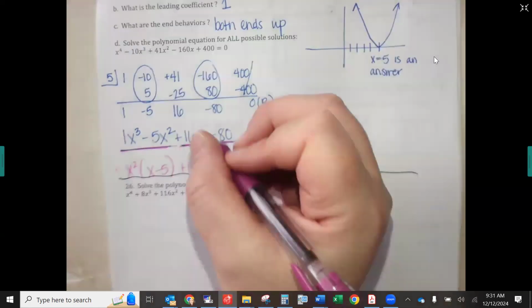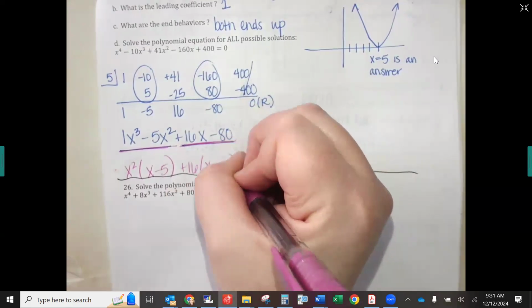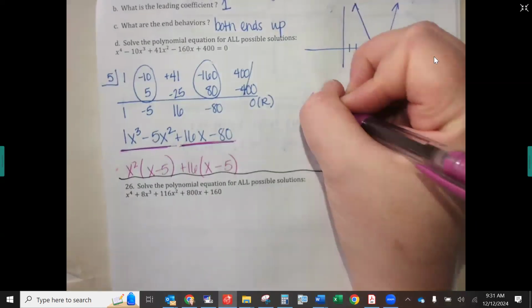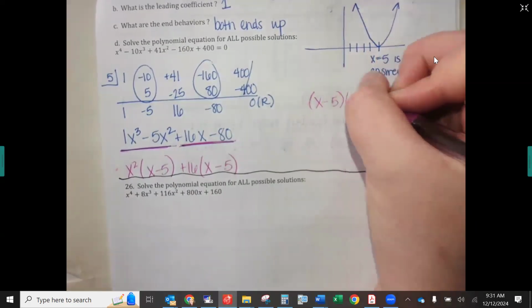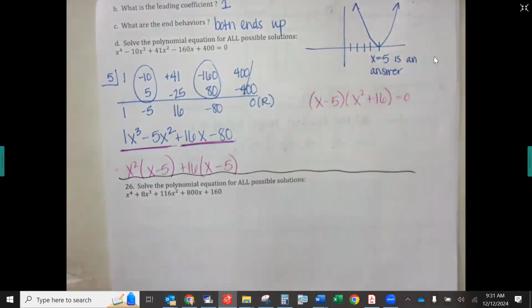What about 80 divided by 16? We get minus 5. Now remember, when you do grouping, your parentheses are supposed to match, do they? Yes. Which means that x minus 5 is my first factor, and x squared plus 16 is my second factor.